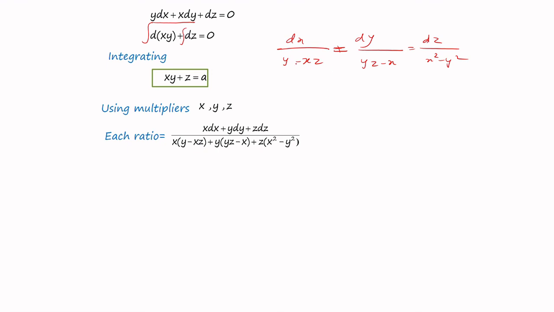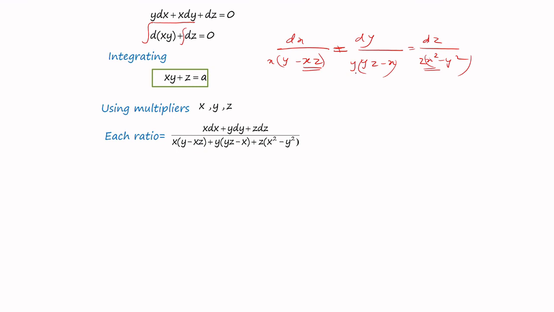And here suppose we use the multipliers x, y, z, since the multiplier for the first solution is already used. Suppose we multiply this by x, this by y and this by z. Here when you multiply this by x you get x squared z, here also x squared z. Similarly when multiplying this by y, here also you have y squared z.